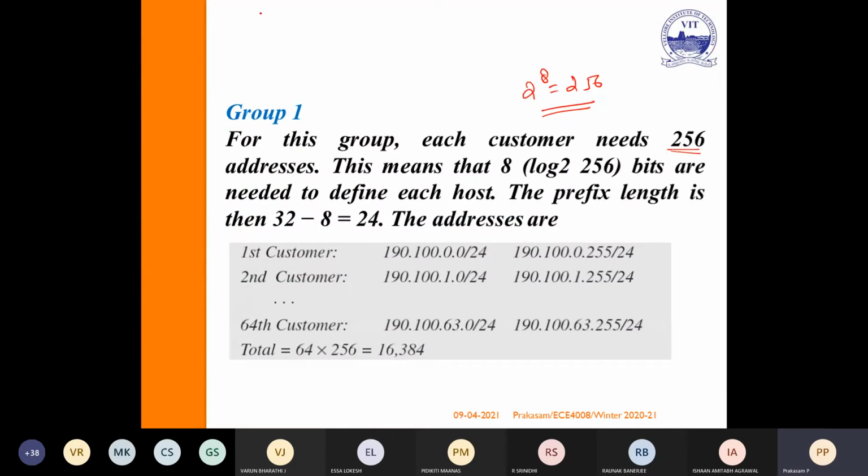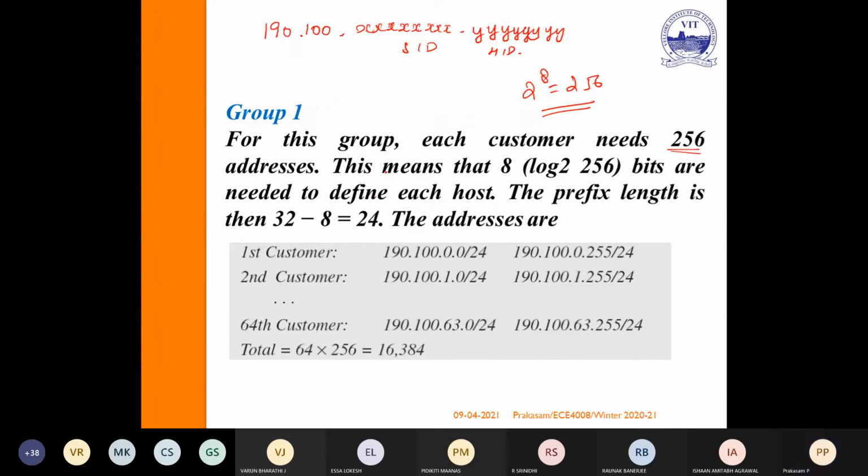So I am allocating 190.100, then x. This is subnet, this is host.